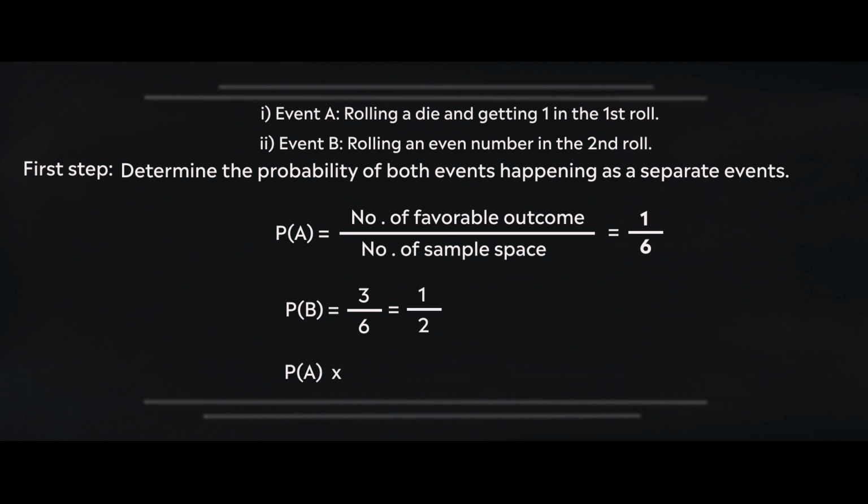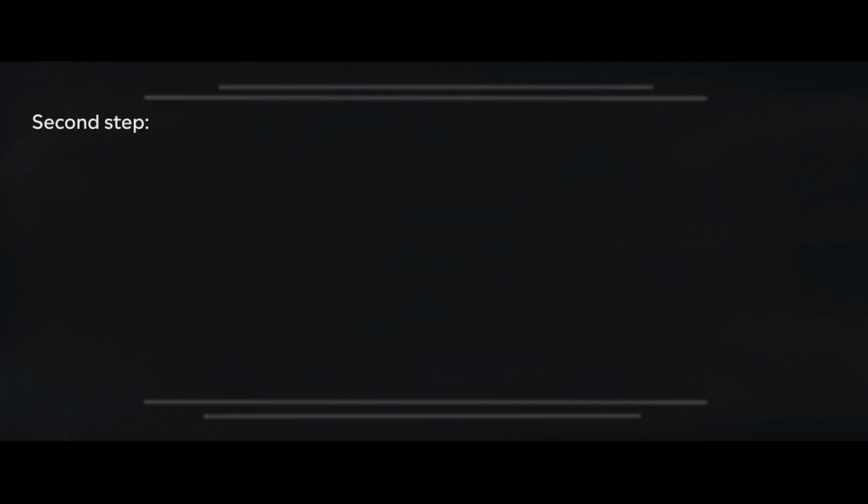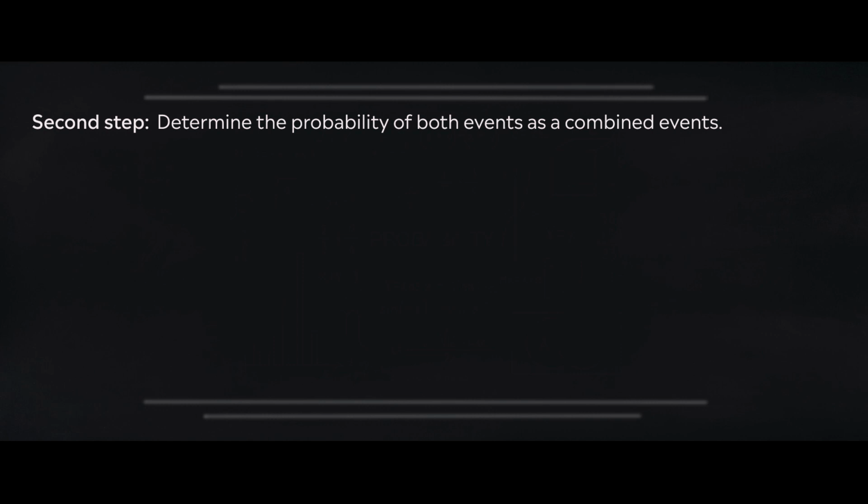So the probability of A happening and B happening is equal to 1 by 6 times 1 by 2, which is 1 by 12. So this is the first step. Now in the second step, we determine the probability of events A and B as a combined event.